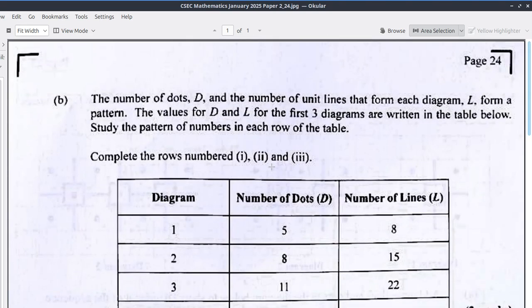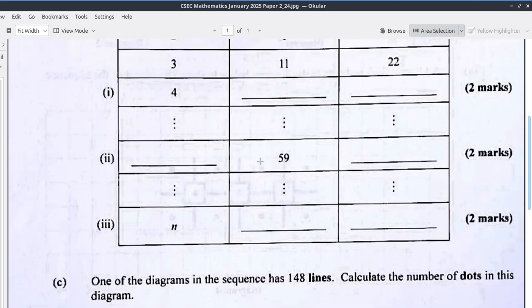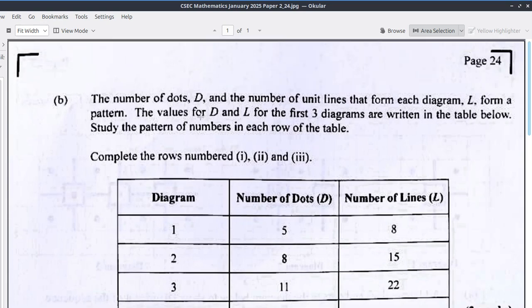Now, part B. Let's see what's going on here. Part B says the number of dots D and the number of unit lines that form each diagram L form a pattern. The values for D and L for the first 3 diagrams are shown in the table below.